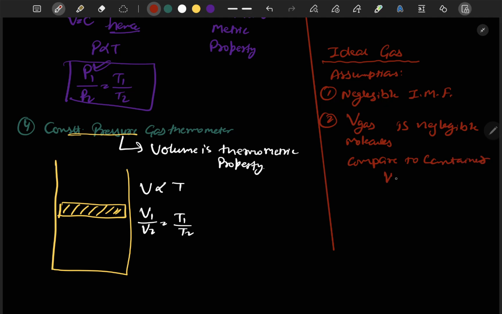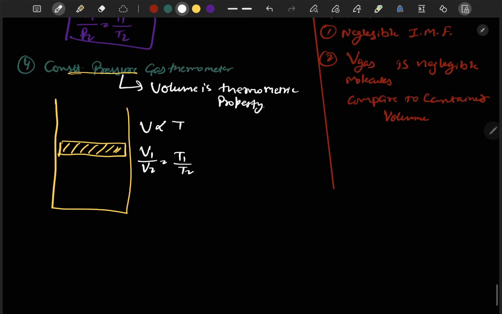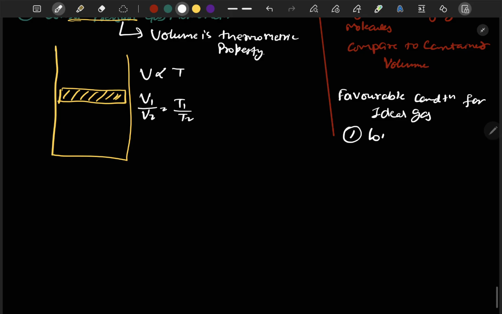A real gas like air will act as an ideal gas under two favorable conditions. You should remember these two points, they are very important. First is low pressure.